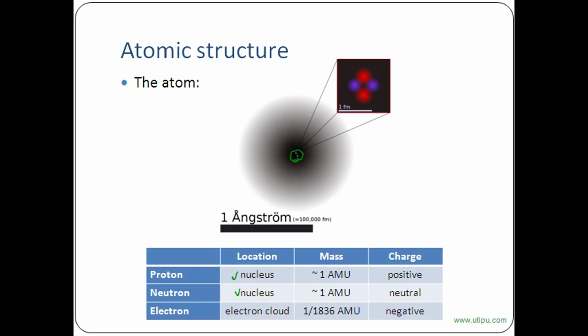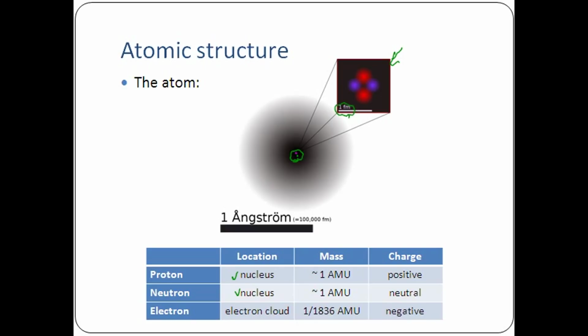This particular picture is of a helium atom. It's a helium-4 atom. You can see they've zoomed in and they've got the picture of the helium nucleus right about there. The unit on here, it may be difficult for you to see, says it's 1 femtometer right there.